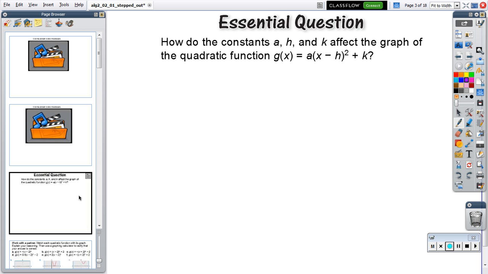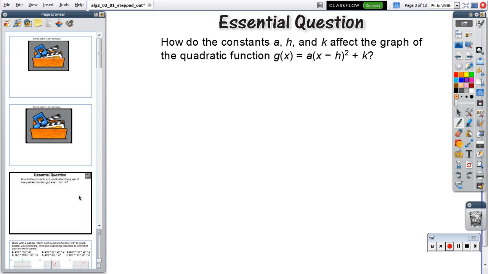Now we're going to look at where we need to be here, because we just started to study quadratics, so we're going to get some more information. How do the constants a, h, and k affect the graphs of the quadratic function g of x equals a, parentheses, x minus h squared plus k?